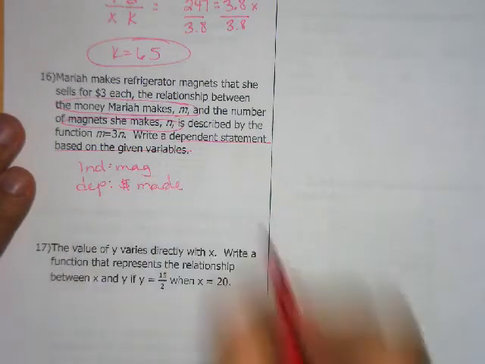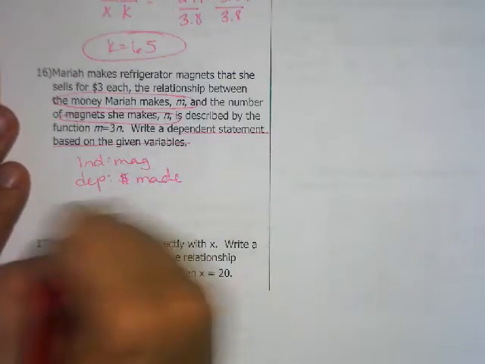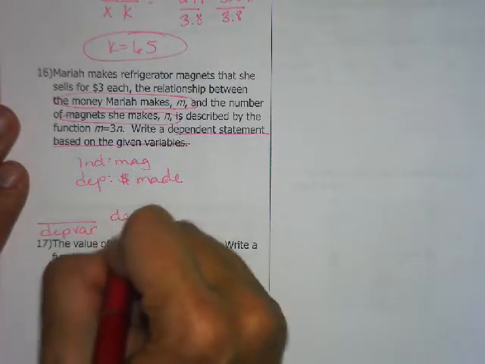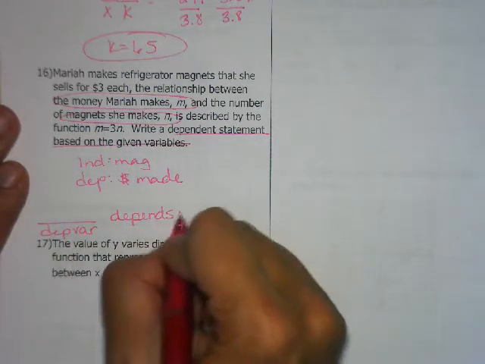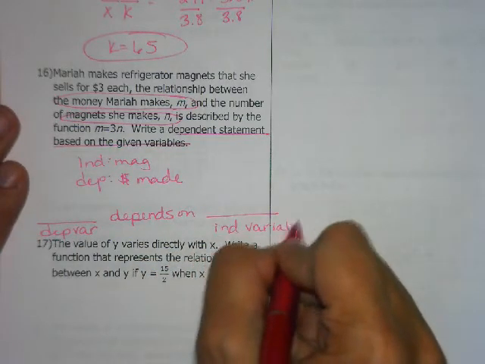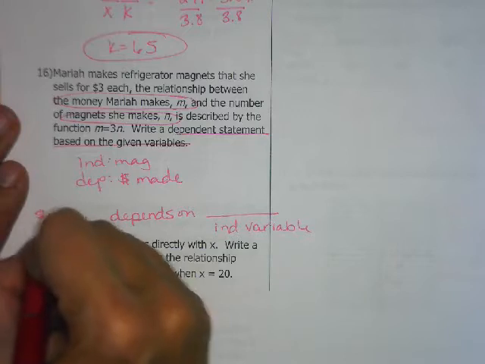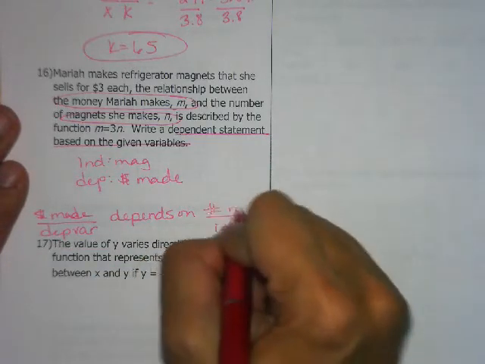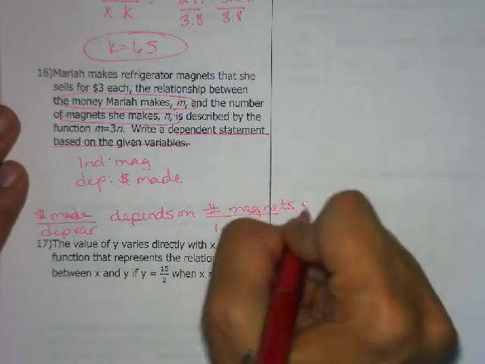A dependent statement just says your dependent variable depends on your independent variable. These are words, ladies and gentlemen. So the money she makes, money made, depends on number of magnets sold.